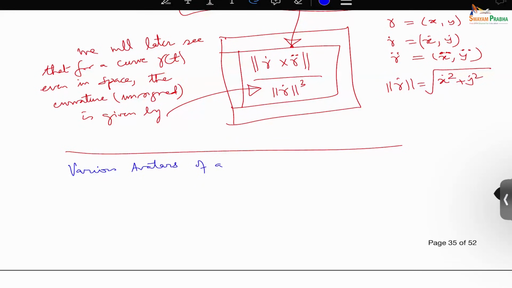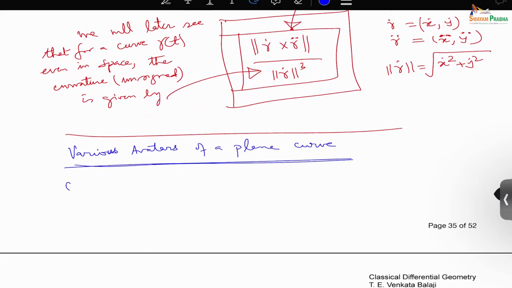Let me just take a plane curve for the moment. The simplest that we all know is the graph of a function.